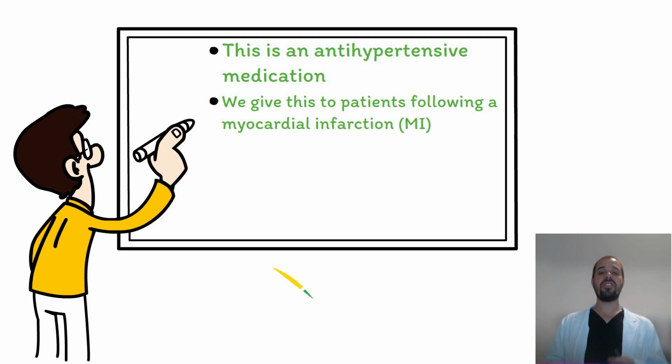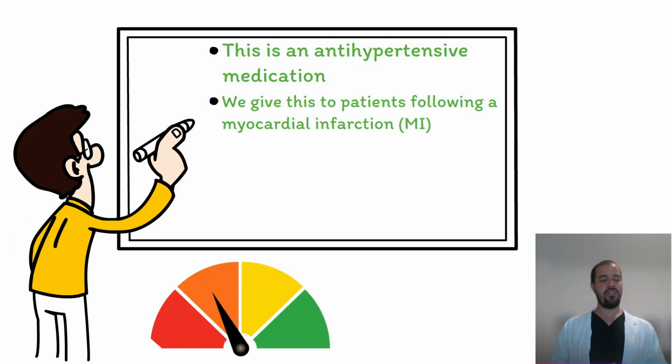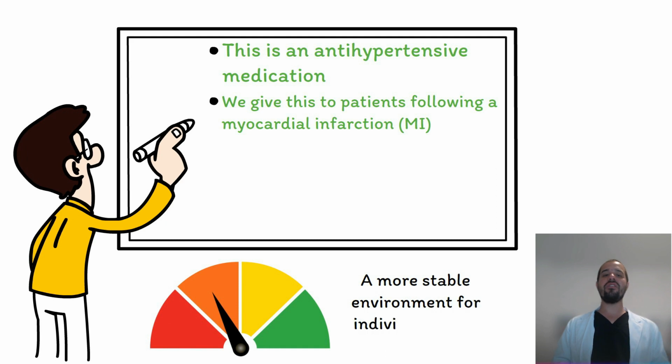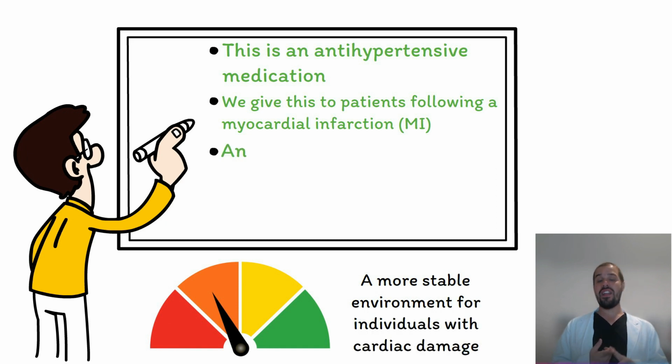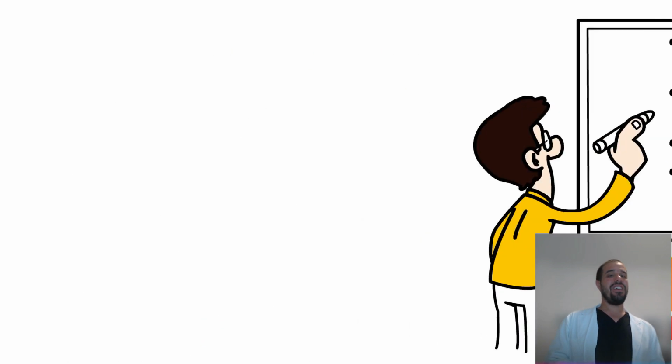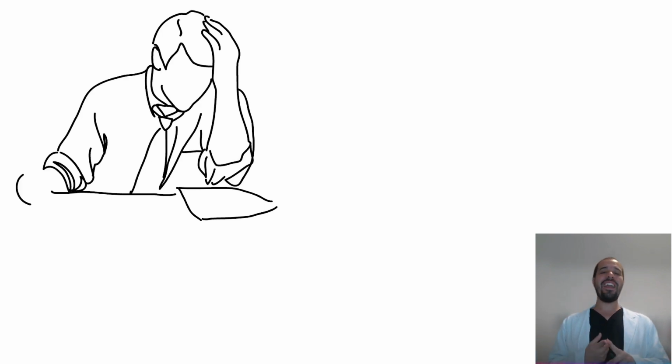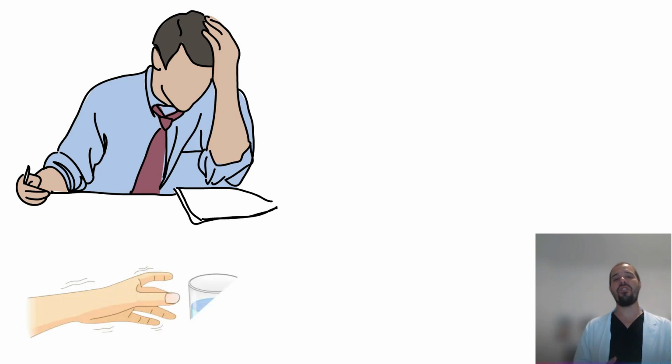This medication specifically reduces oxygen demand to the myocardium, thus promoting a more stable environment for individuals with cardiac damage. We can also use this for angina and atrial fibrillation. Some other uses include headaches and tremors, specifically tremors associated with hyperthyroidism.